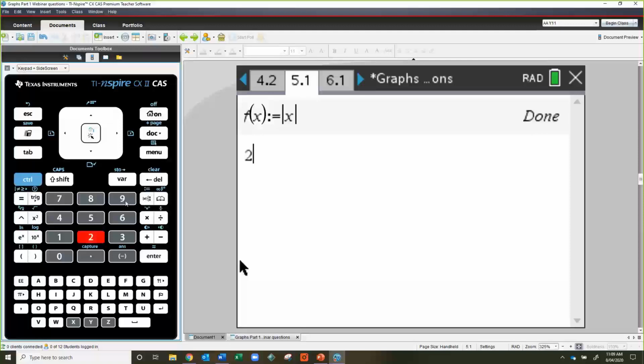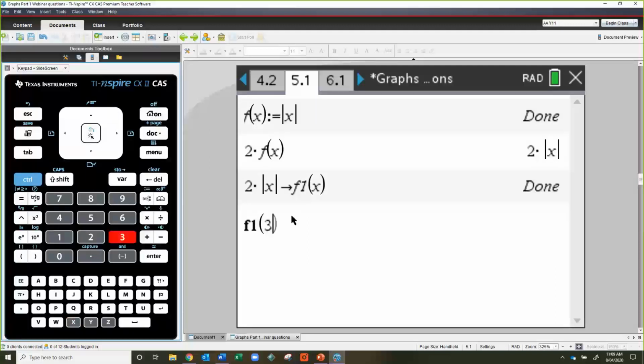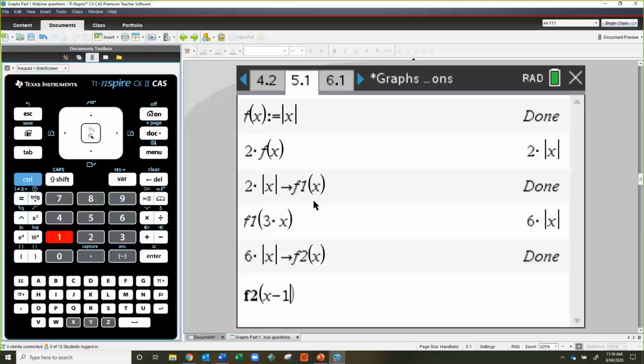So if I go 2 times f in x, I could do the same 2 at 1, but just show step by step. It's probably easier to follow. And I will say that f1 in x, and now I take f1 in 3x, and now I will store that as f2, and now I find f2 in x minus 1.